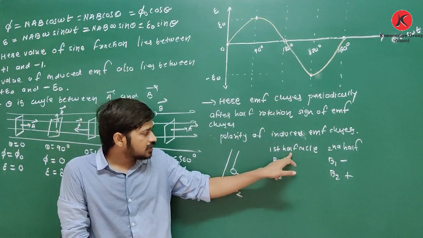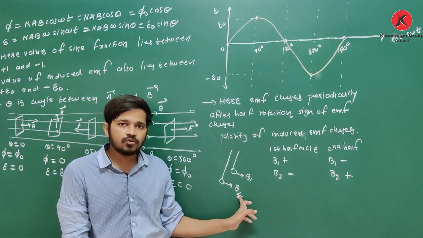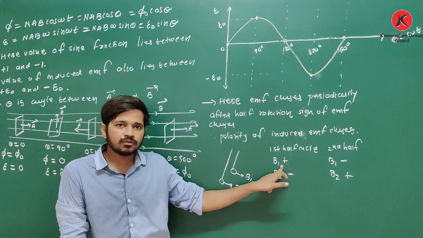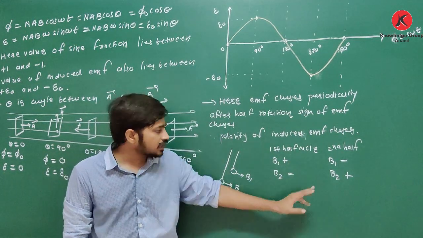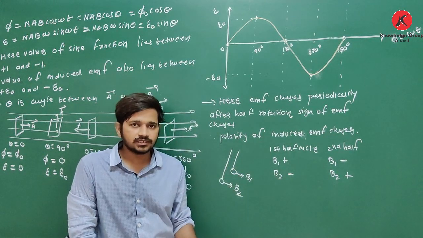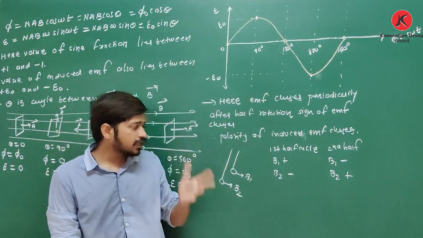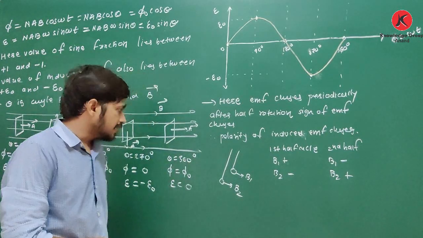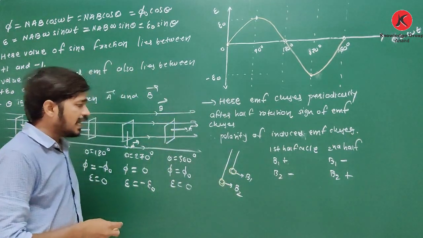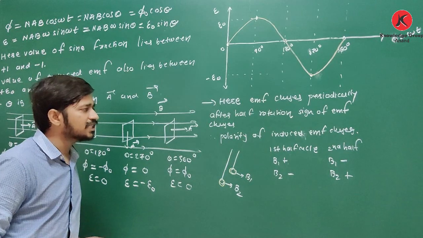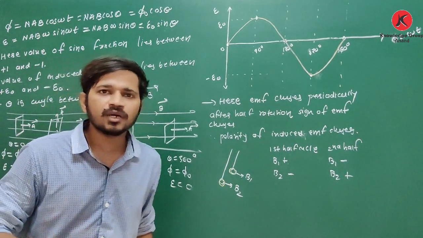During the first half cycle, if B1 is at positive potential and B2 at negative potential, B1 behaves as the positive terminal of a cell and B2 as the negative terminal. During the second half cycle, their polarity reverses, and during the third half cycle B1 again becomes positive and B2 negative. Clear about this?